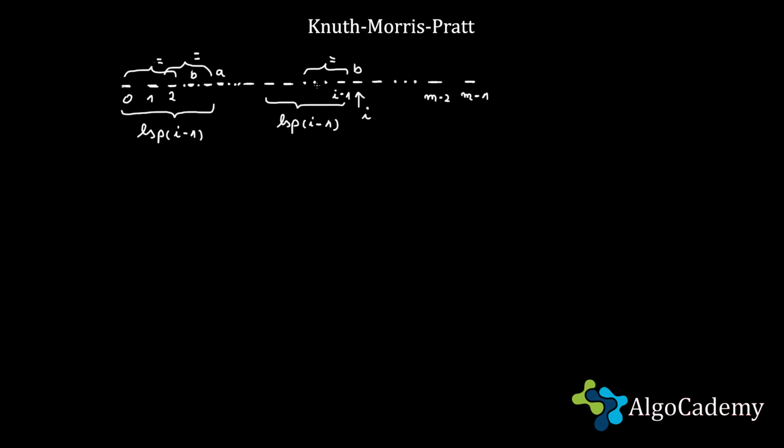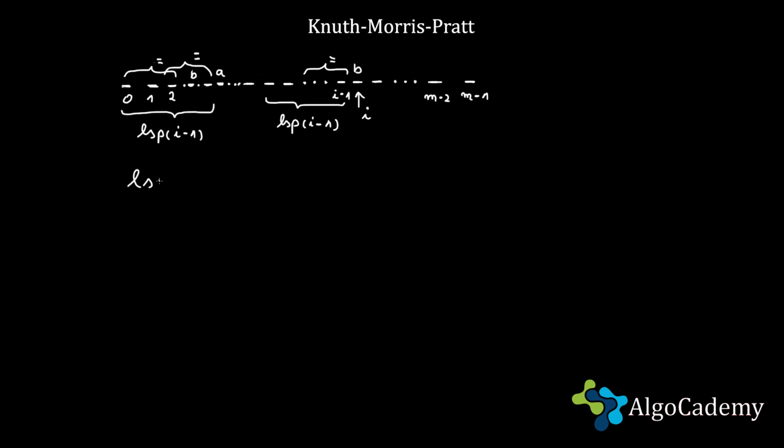So as you can see, I have to look for a substring which is a suffix and also a prefix in the prefix of length LSP of I minus 1 from the pattern string. So the real question is, what is the longest substring which is a suffix and the prefix in this prefix?